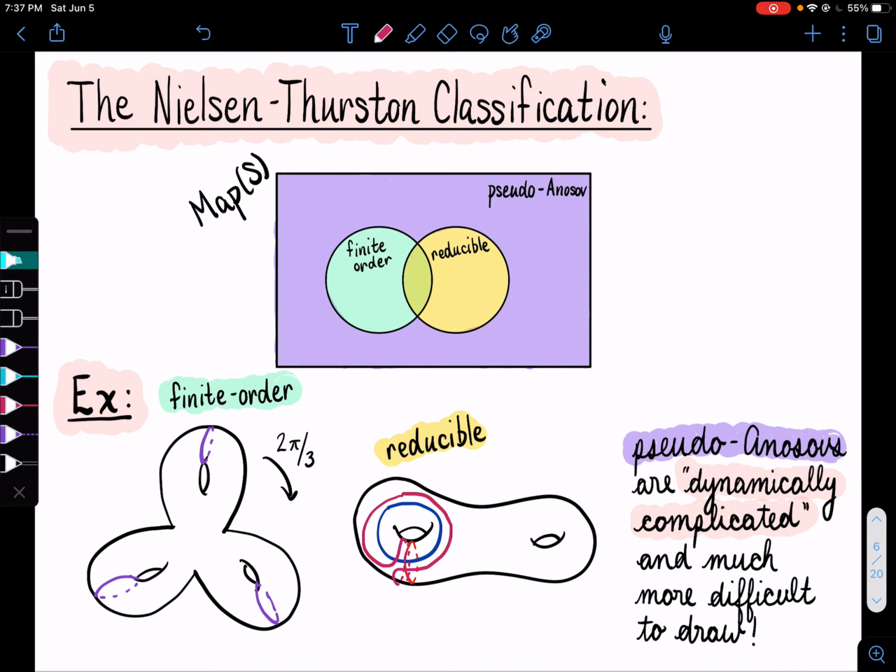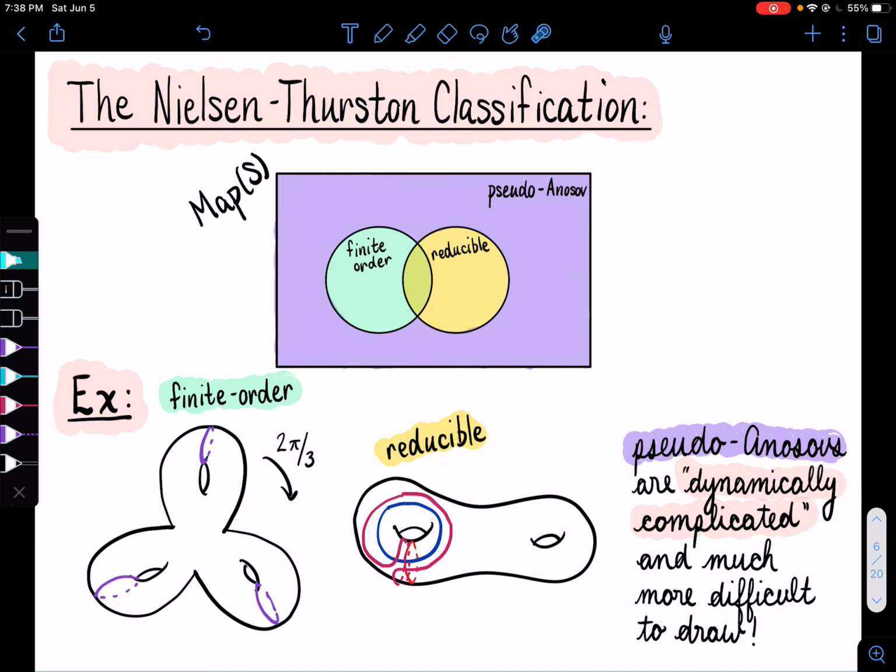You can also think of this homeomorphism as if you cut open your surface along your red curve, twist it by 360 degrees, and then glue it back together. This is an example of something that's reducing, because this red curve is fixed, but it's actually infinite order. So it lives here in this part. I actually haven't given any example of a finite order irreducible element, but that's fine. You can just take my word on it.